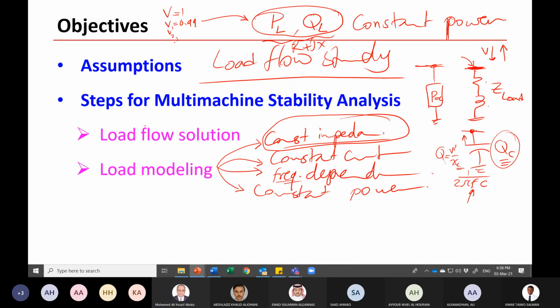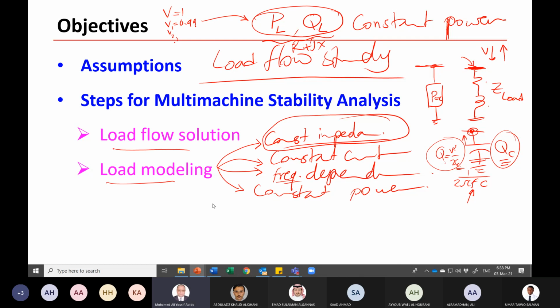Isn't that so? And in the next iteration the voltage changes, and nevertheless you consider the load constant PL and QL. So that is the constant power representation. Which is not accurate, as we said here: if we have a capacitor and the voltage changes, in this case QC is different, so that's some kind of approximation. So in load flow we represent the load as constant power. In stability study we represent the load as constant impedance.